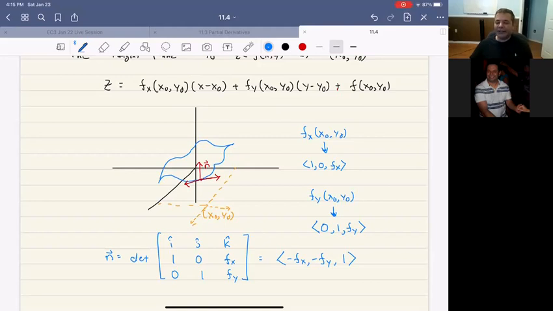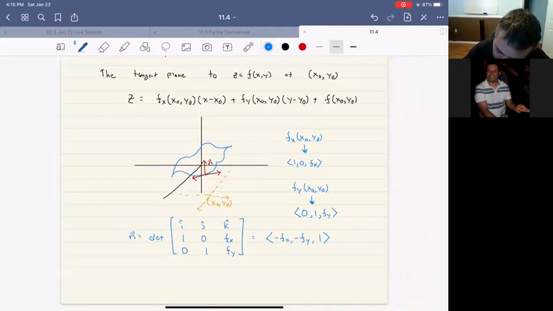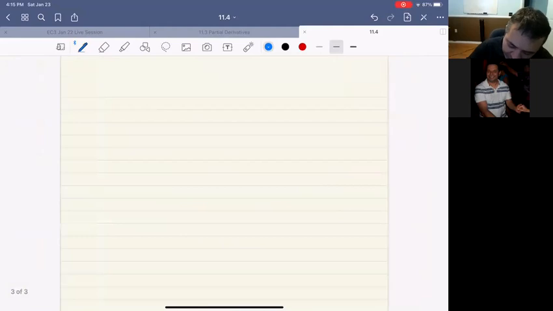Okay, so let's take a look at the equation of a plane. Now remember, running out of space, we'll go to the next page.